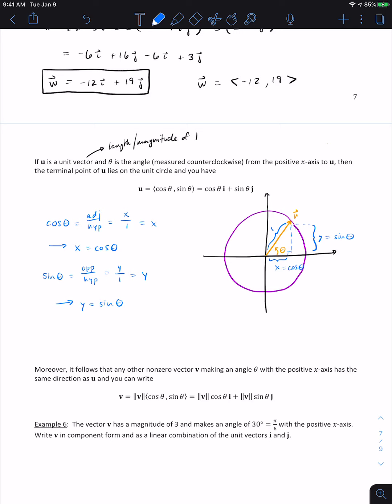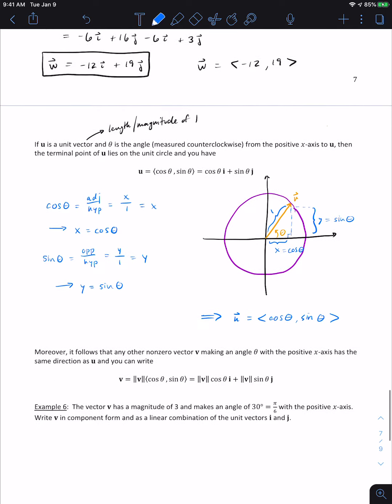This means that I can rewrite my vector u as the first component, which is x, which is cosine of theta, and the second component, which is y, which is sine of theta, right? And then writing that in the ij notation, we get that formula there. All right, so that's where that comes from.